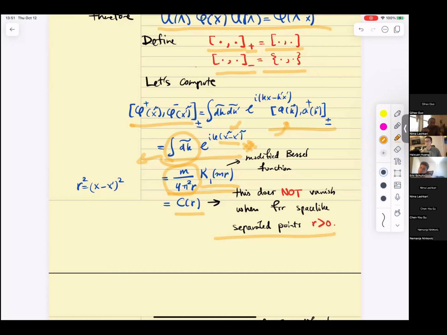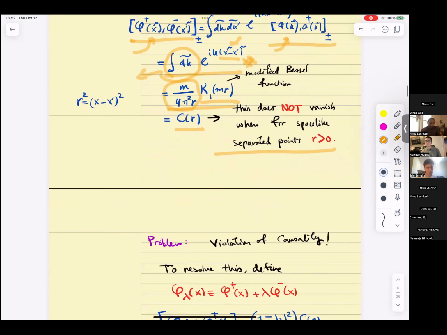That's the observation. First of all, it's only a function of proper distance. By Lorentz symmetry, this commutator can only be a function of that.